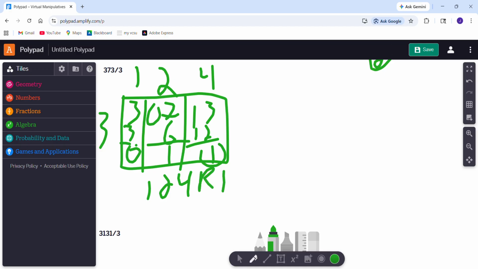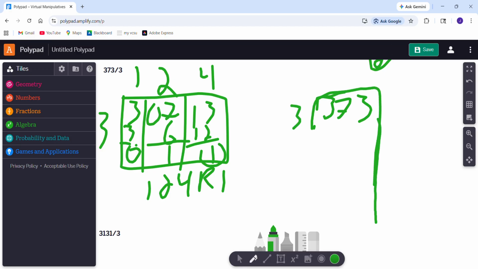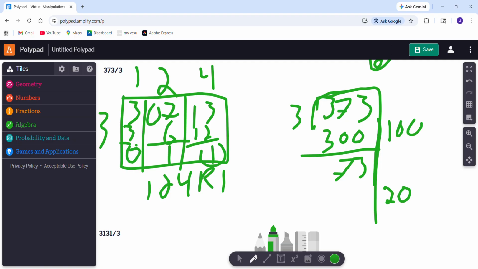And then for the other method, you've got 373 divided by 3. 3 goes into 3. Let's start with 300 here. 3 goes into 300 100 times. And that 373 minus 300 is 73. Now, 3 times 20 is going to be 60, right?